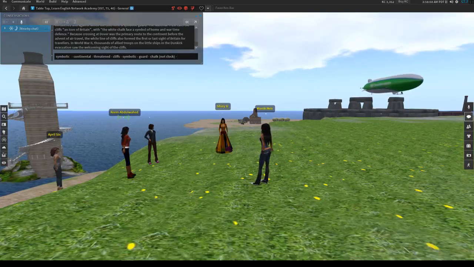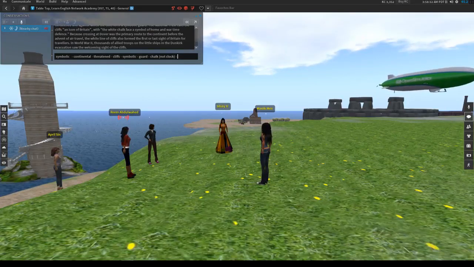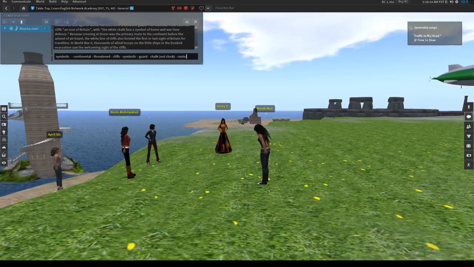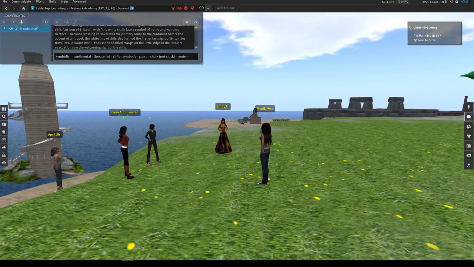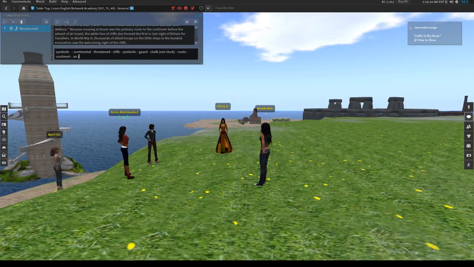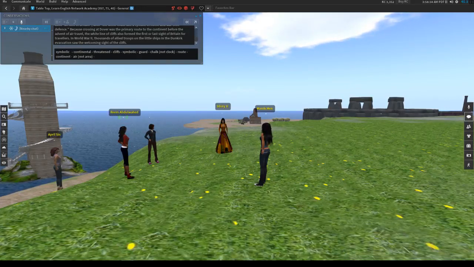Because crossing at Dover was the primary route to the continent before the advent of area travel. The weight line of gloves also formed the first or last suit of Britain for travelers.